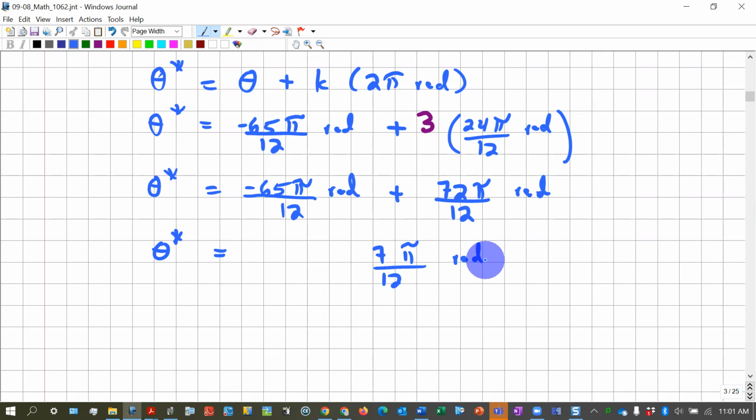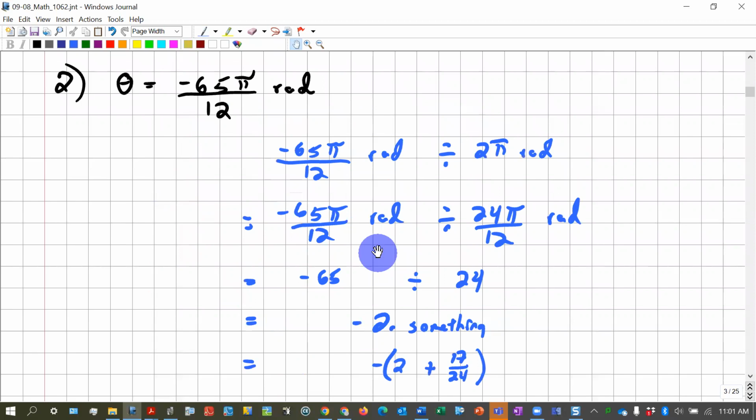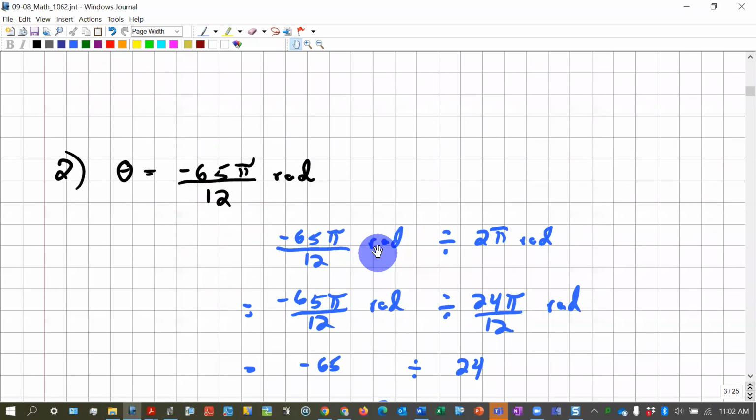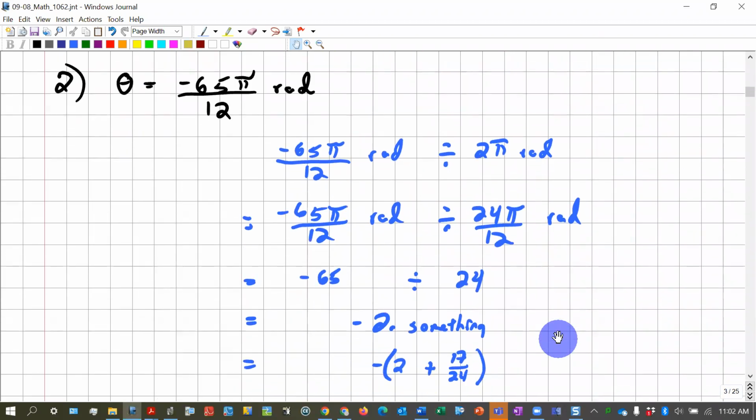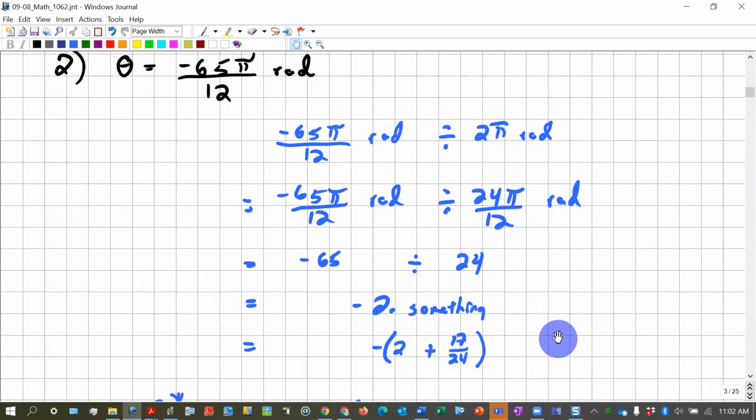And just an arithmetic fact to notice, this 7, which is sort of like a remainder, and in the previous problem, the 17, which was a remainder, if you add them together, 17 and 7, you get 24. So 1 whole group of 24.